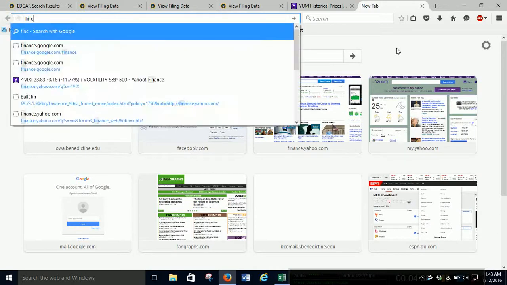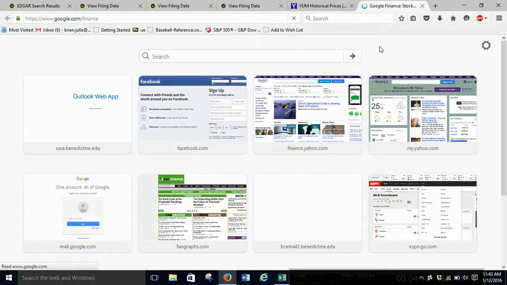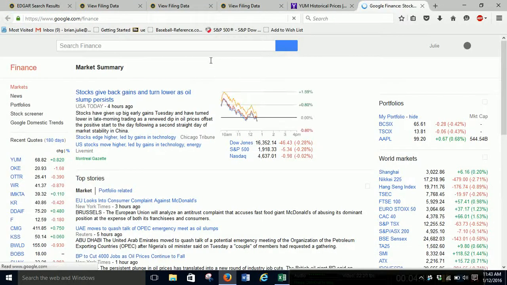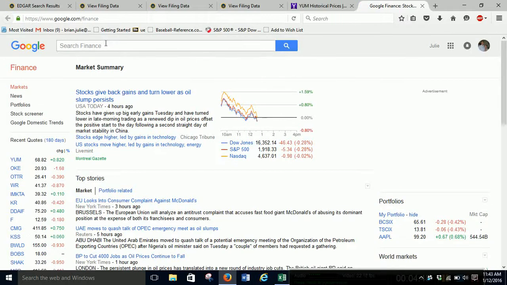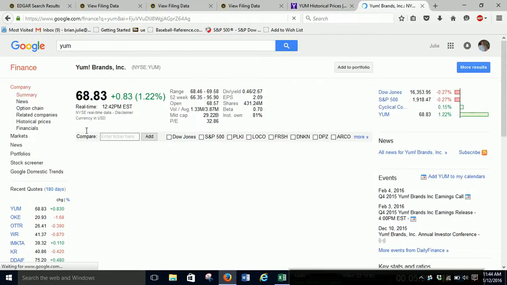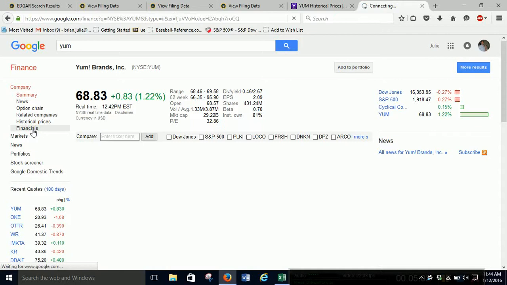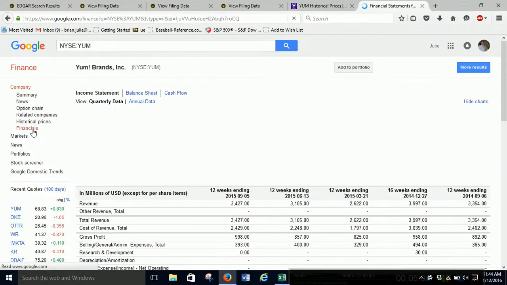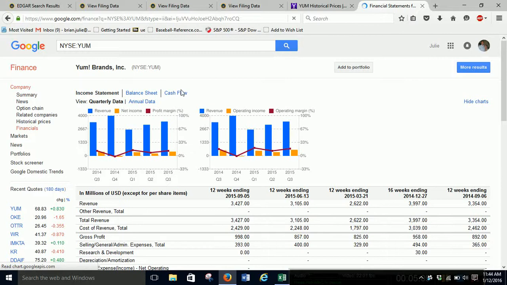Not Google, finance.google. Google Finance has, in their cash flow statement, a supplemental piece with a general idea of what that was for the year. So if we go to Yum here in Google Finance real quick, financials, we should be able to pull their cash flow statement and see how much they actually paid in 2014.